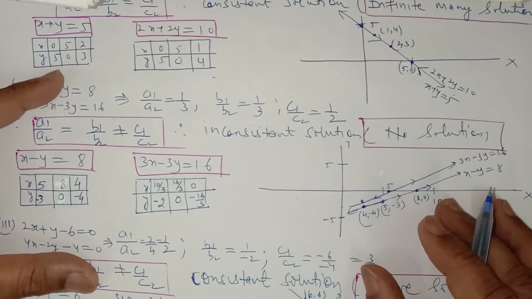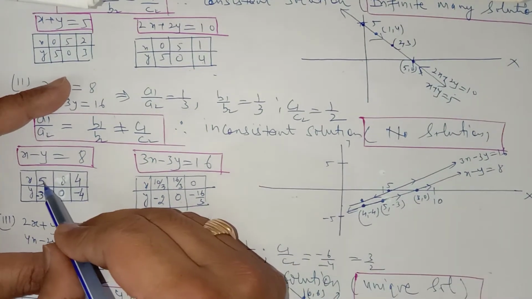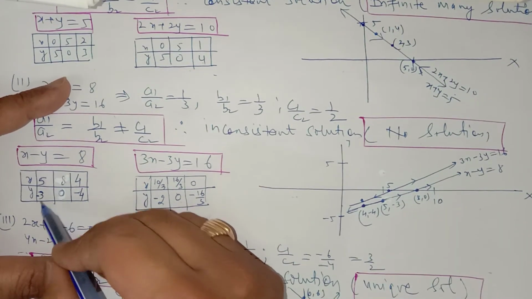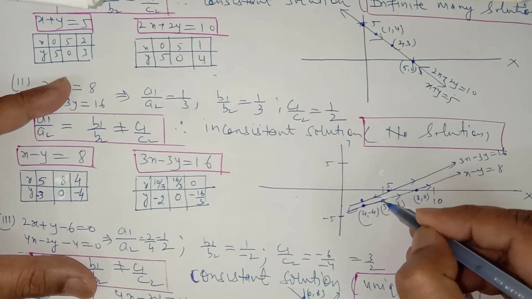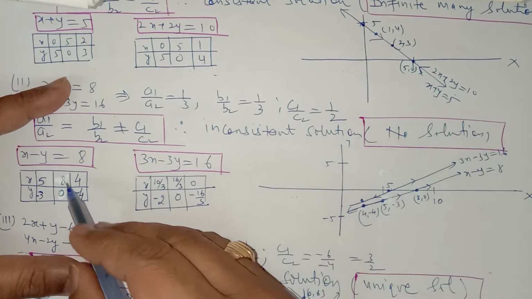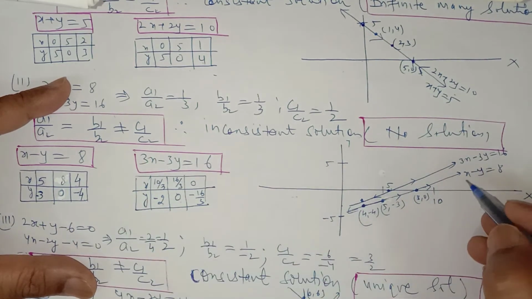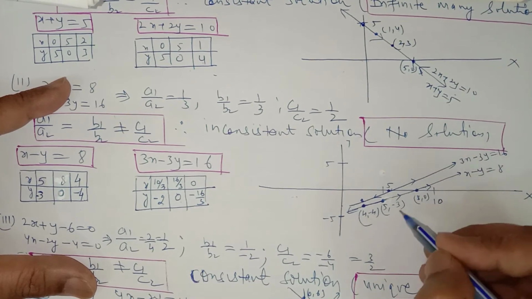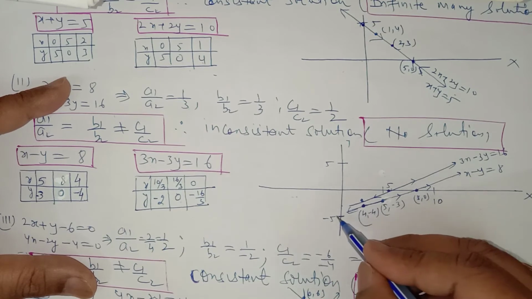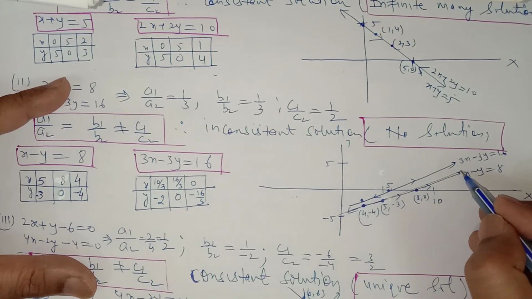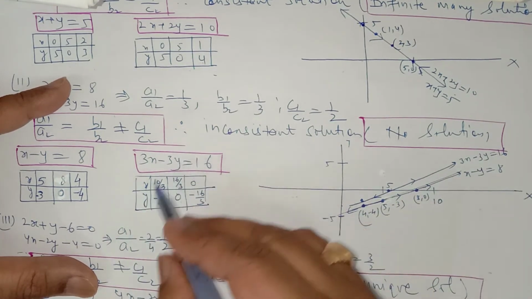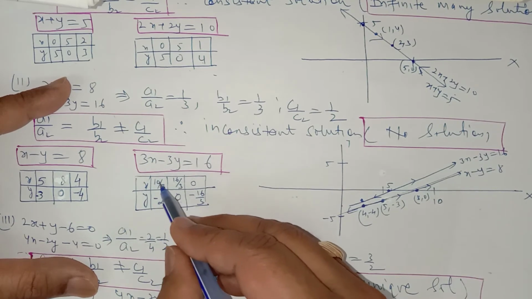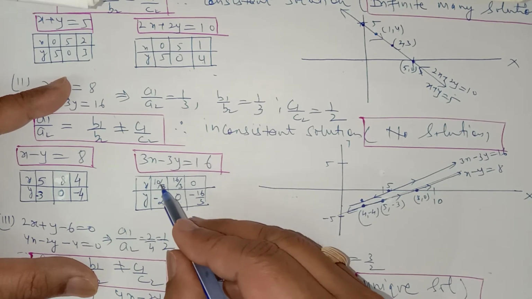Now mark them on the graph paper: (5, minus 3) will be this, and (8, 0) will be this, and (4, minus 4) will be this point. To draw this on the graph paper, you will get a straight line. Similarly, if we mark this on the graph paper, you take the approximate value 3.3 for x, and y is minus 2.